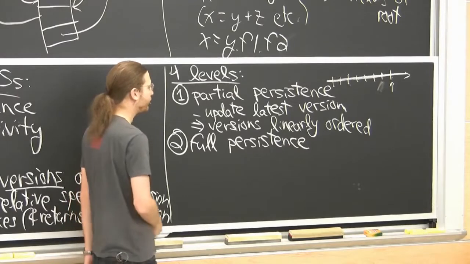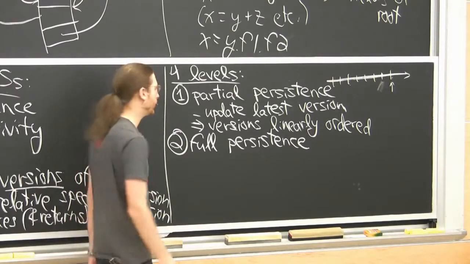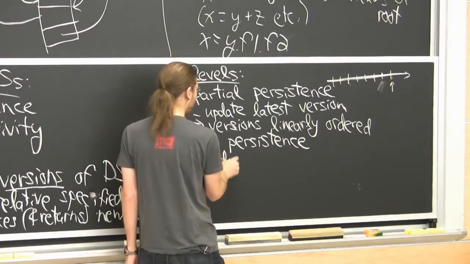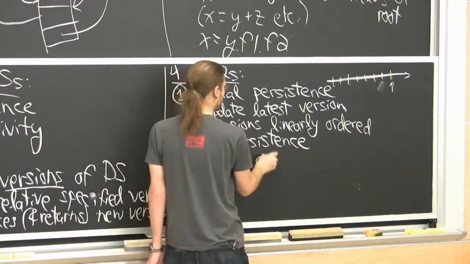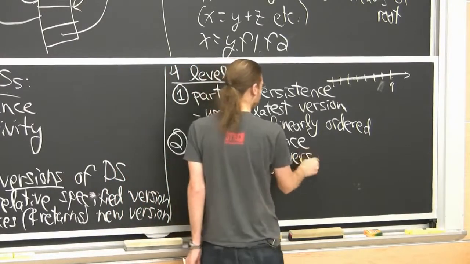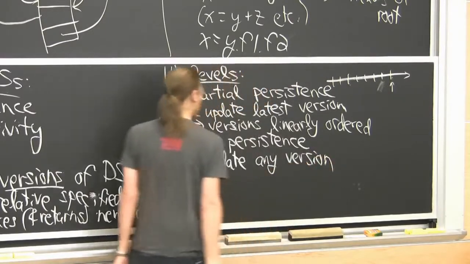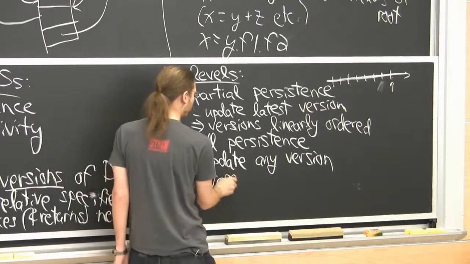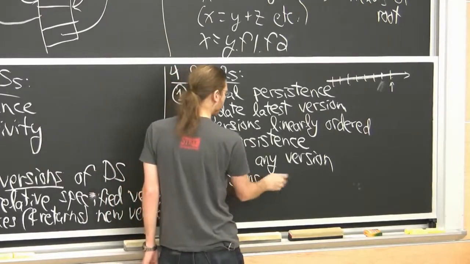In full persistence, you can update anything you want. So, update any version. And so then the versions form a tree.